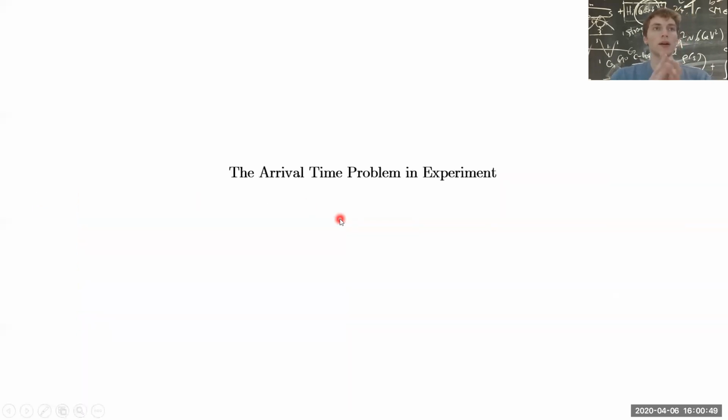So I'm going to begin by, well, first of all, let me say, I'm going to do this talk as if nobody had seen the original talk. So I'm giving the whole thing again.